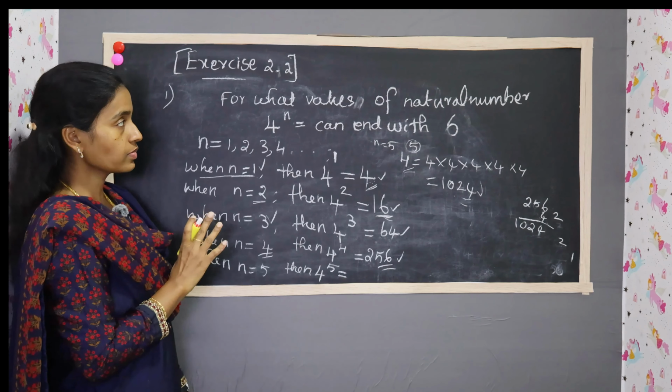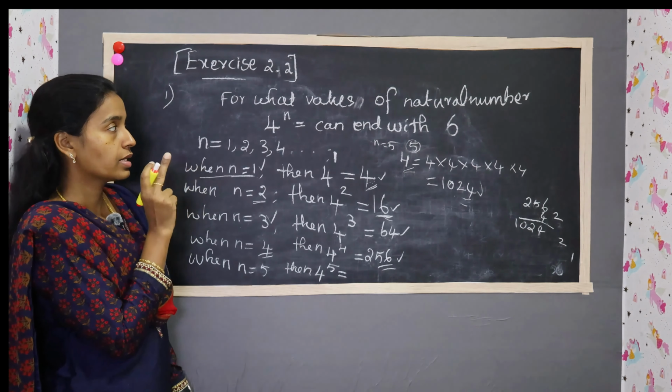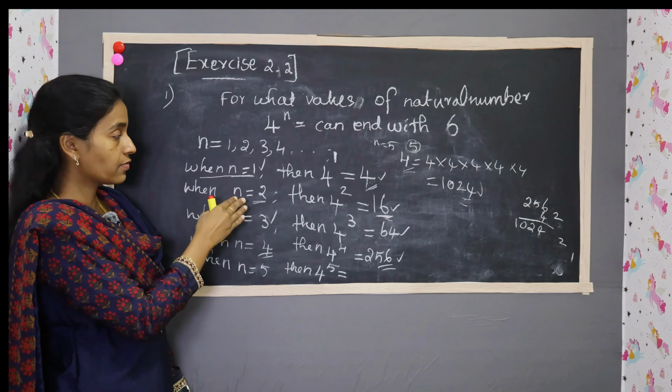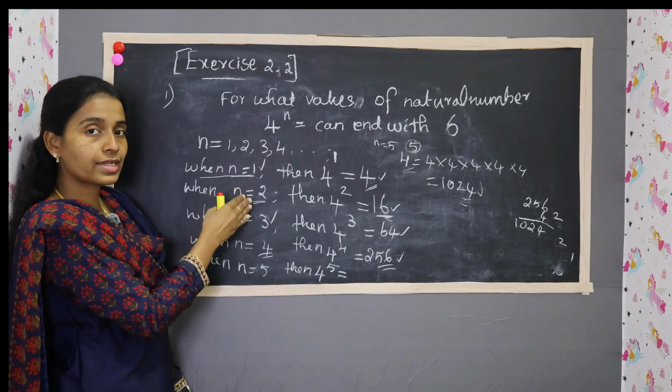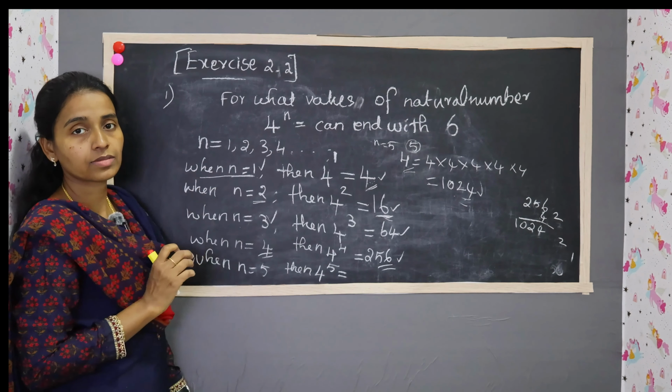So the question is, for what values of natural number can 4 power n end with 6? What should be the answer? The number 4 power n ends with last digit 6 when the value of n is an even number.